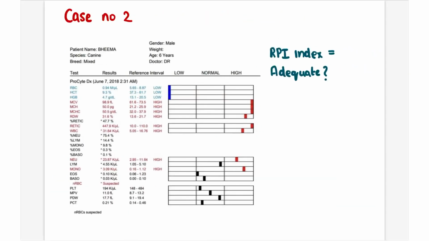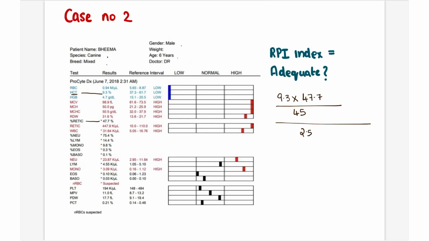So we have case number 2. This is from a 6-year-old male canine mixed breed dog. Here the PCV value is 9.3 and the retic value is 47.7. You need to divide it by 45 since it is a dog, and everything divided by, since the PCV is less than 15, the correction factor of 2.5.